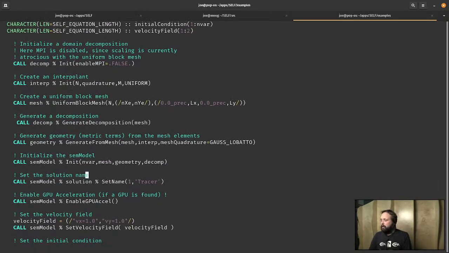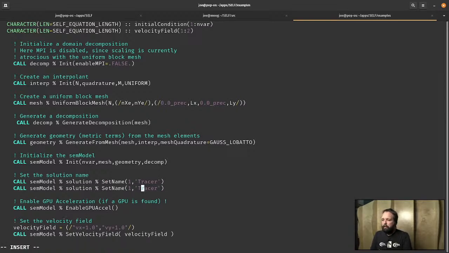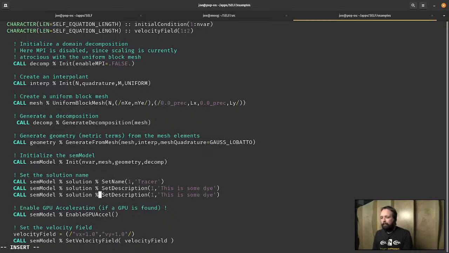Just an example, if you wanted to set the solution name, you could also set the description of that object, and then the units. The idea being that eventually what I'm getting to is offloading. Let's say, really concentrations are unitless, but let's call it kilogram per kilogram, something like that.